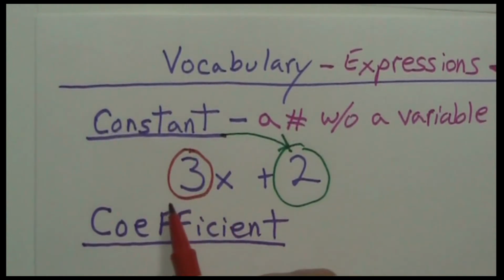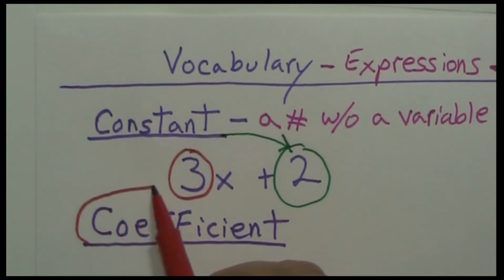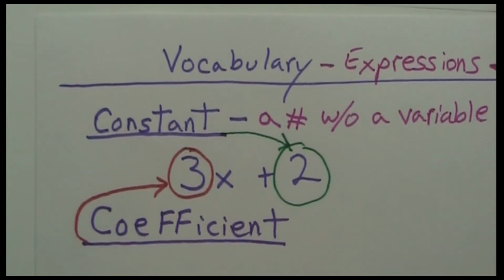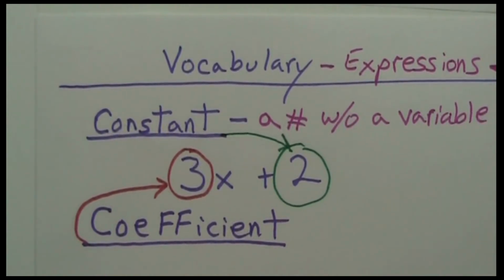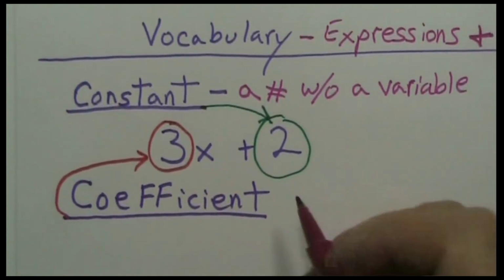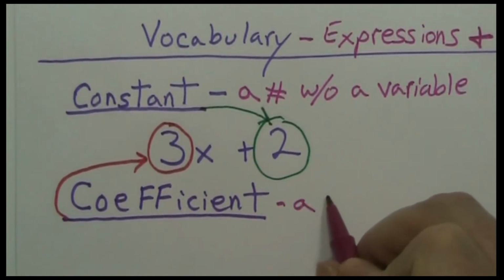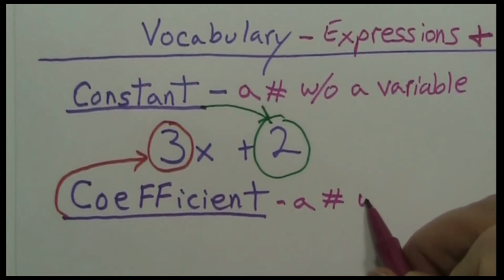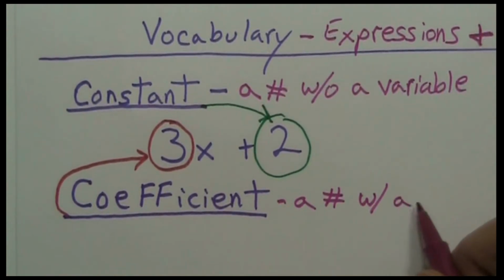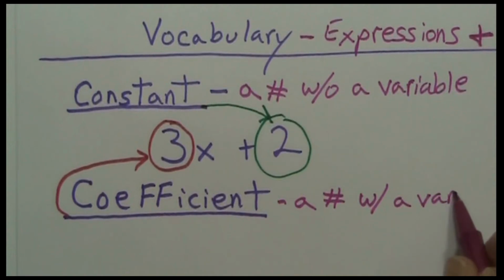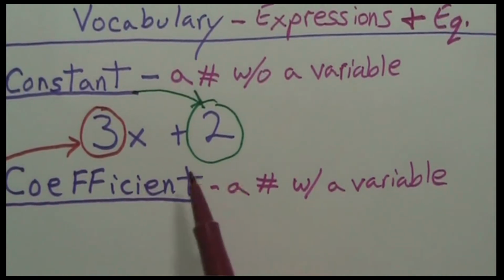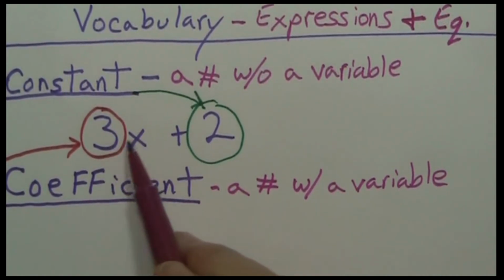This number right there. That is a coefficient. And what is a coefficient? It's basically a number with a variable. It's a number with a variable. And you can see how this is a number with a variable.